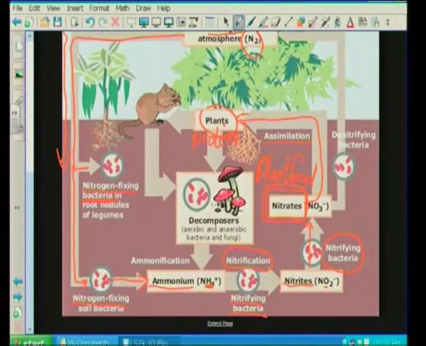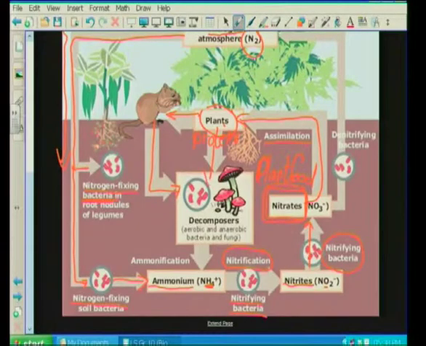Now, look at this little animal. That animal is going to eat the plants. So guess what? The animal, that little mouse, is going to use the plant protein to make its own protein, to make its own little muscles, to make its own little cell membranes, and to be a component of the protoplasm.